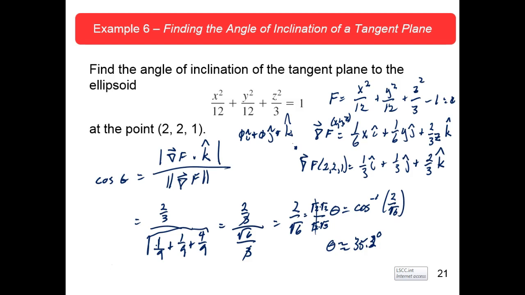And there's the plane defined by that, the tangent plane. The gradient is perpendicular to that.